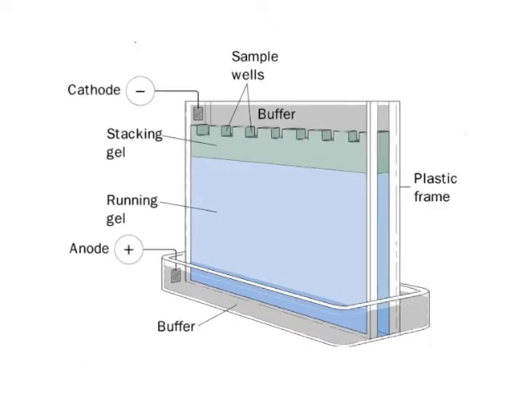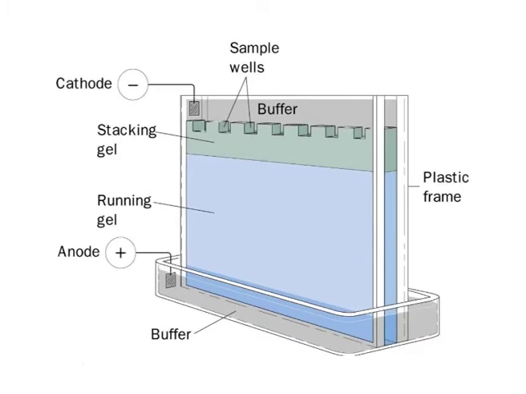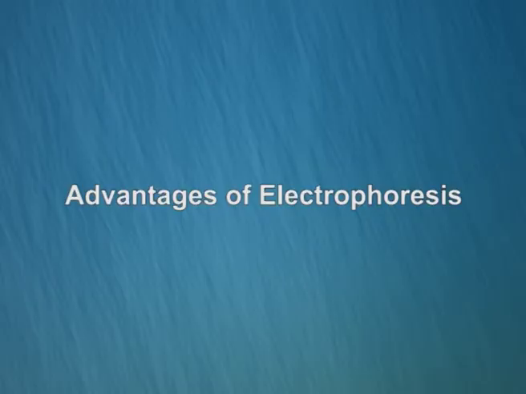Dear students, electrophoresis in simple words can be defined as the movement of particles under spatially uniform electric field in a fluid, or electrophoresis is the movement of molecules by an electric current. Advantages of electrophoresis.